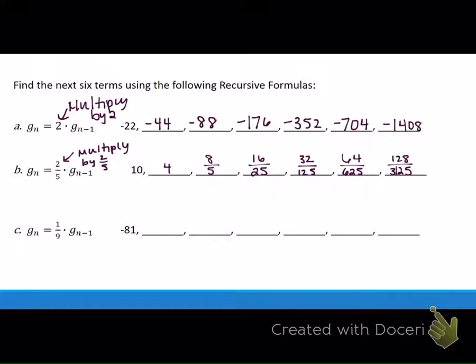Okay. So, questions for me on this one? Do you guys have any questions on this and how to use your calculators? Are you doing okay with your calculator? Yeah.